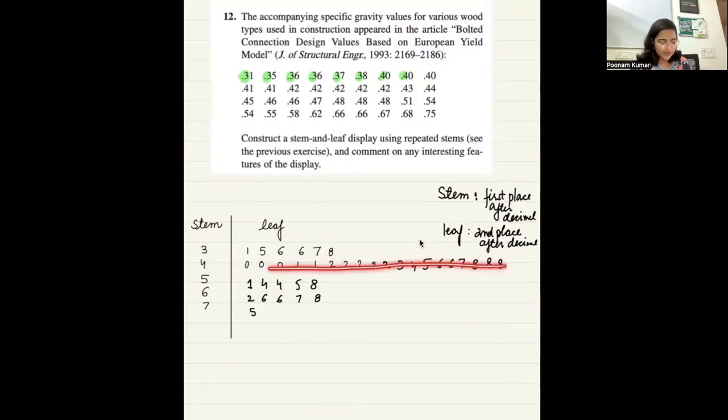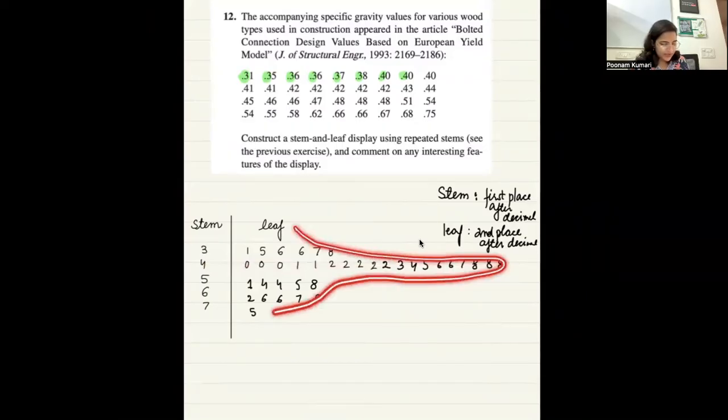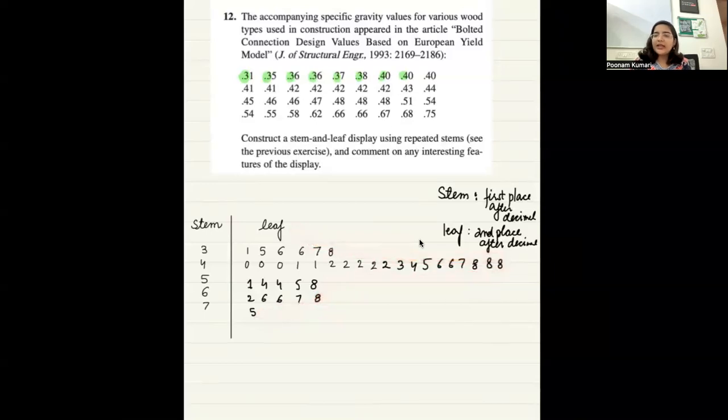You have most data points here. If you had made a histogram of this, it would have looked like this, right? So what kind of data is this? How many peaks do you have? 1 peak, right? Yes. So this is unimodal data. Very nice. Or you can say most of your values are concentrated around 0.4, right?